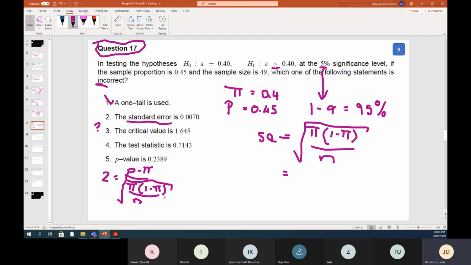You need to look for your critical value. You need to work out the t-stat, and then you still need to make a decision with a p-value as well. Okay, so if you look at this part, that then is fine.